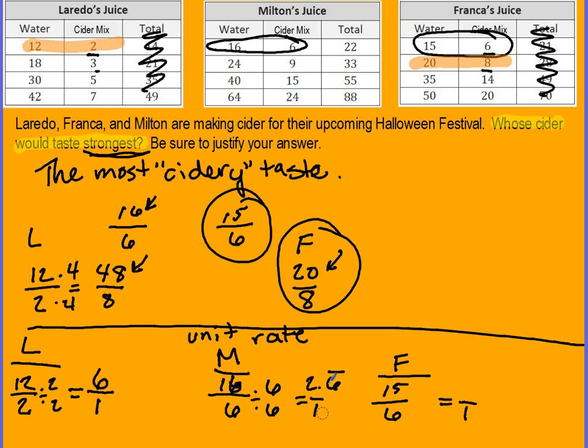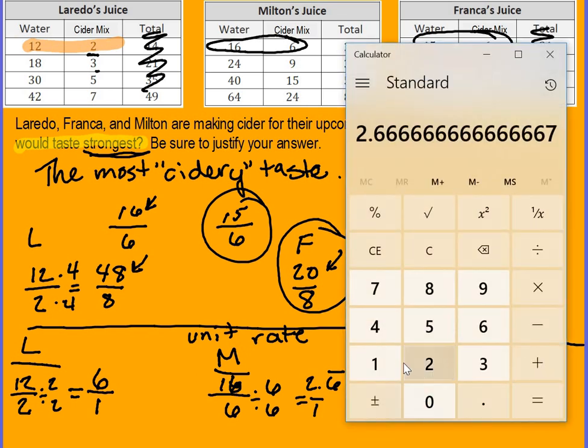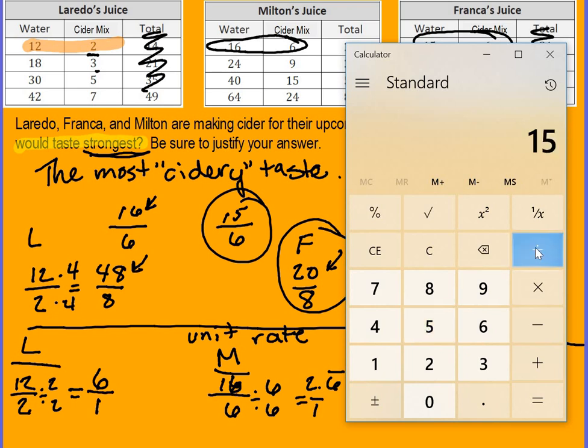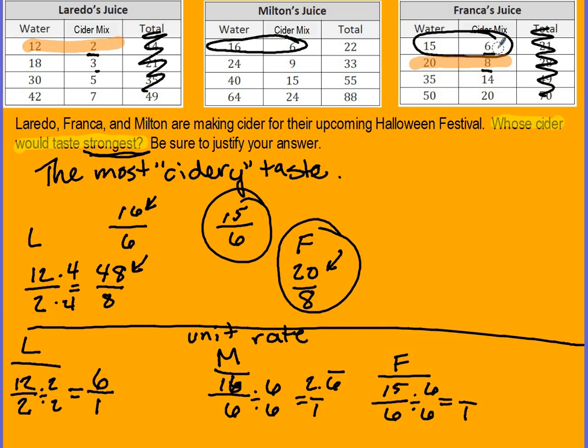So for every 1 cup of cider, she puts in 2 and 6/10 repeating. And then here, again, I'm dividing both of these by 6, but now it's 15 being divided by 6, and I get 2.5.